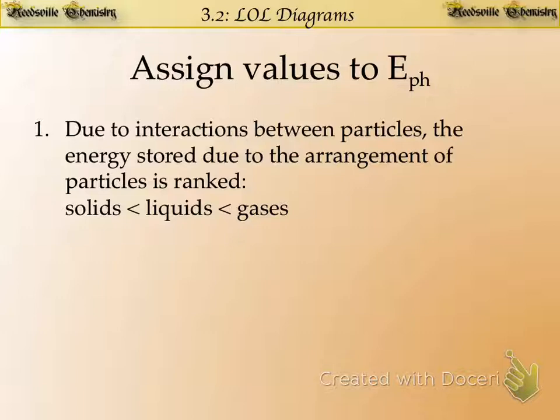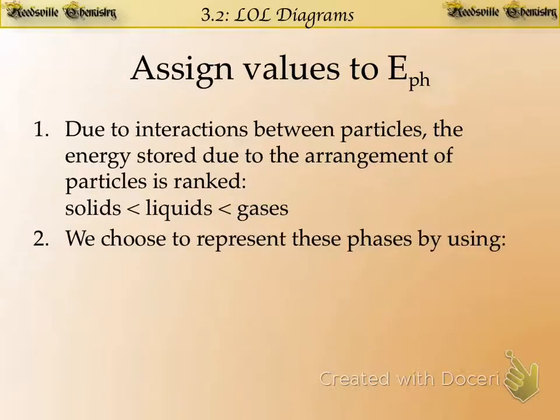If we want to think about what's the most energetic, this guy is the most energetic right here. What's got the least energy? Solids. Should make sense, right? Because the gas molecules are moving around a heck of a lot faster than the solid molecules.